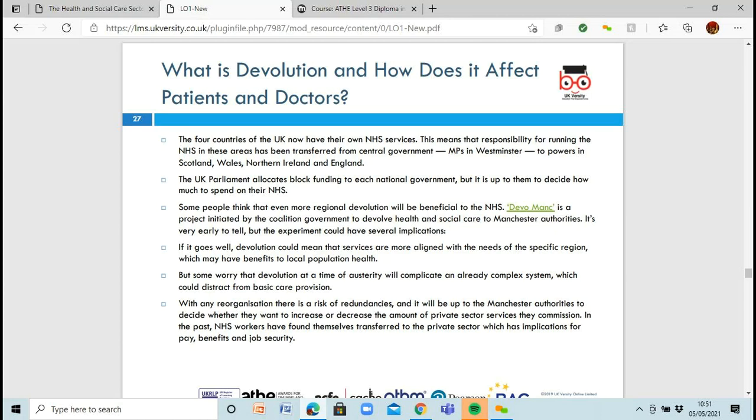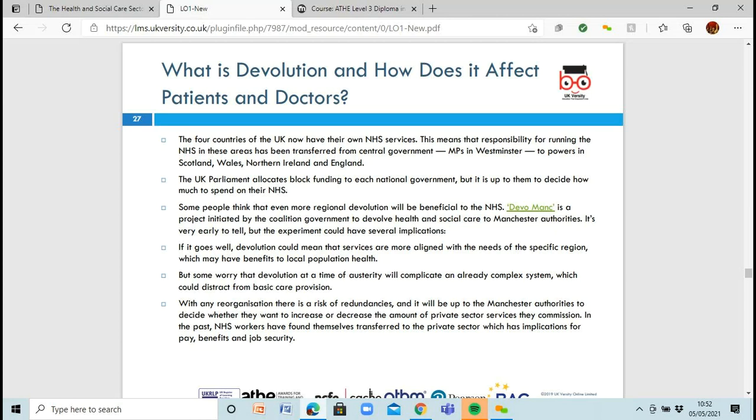Like I said earlier, depending on which area you're in or what the needs of the residents are, that's how the services are going to be catered. If you've got a high obesity rate within a certain area, your service will be focused on that. If you've got a high diabetes rate, again, it'll be focused on that. So what they're trying to do is develop a service which is more aligned with what your region and population actually need.